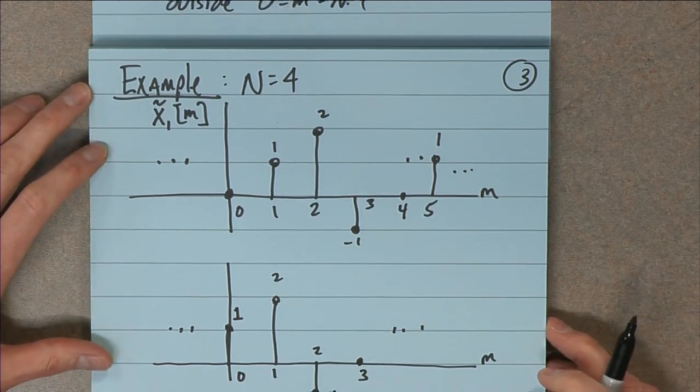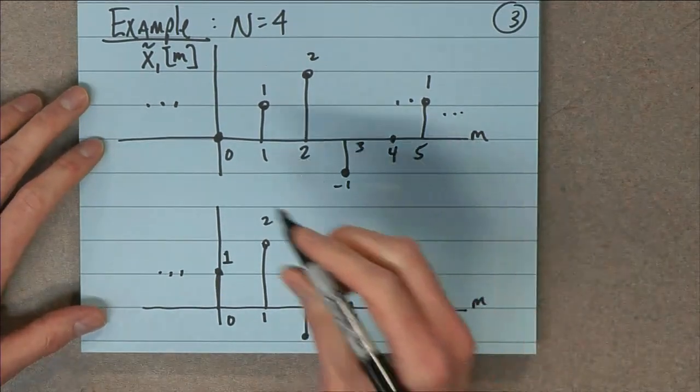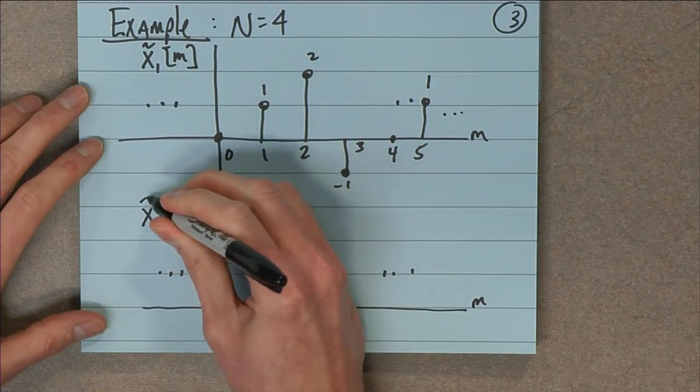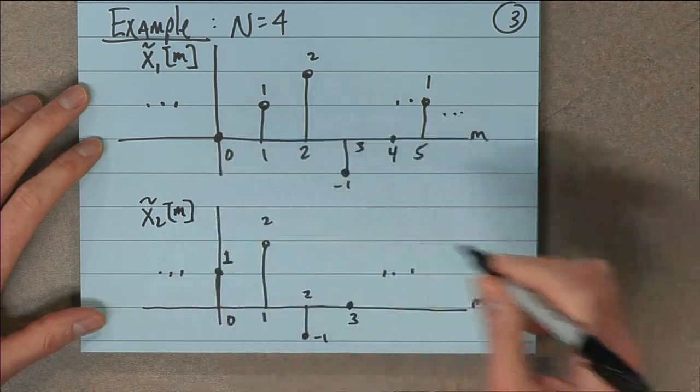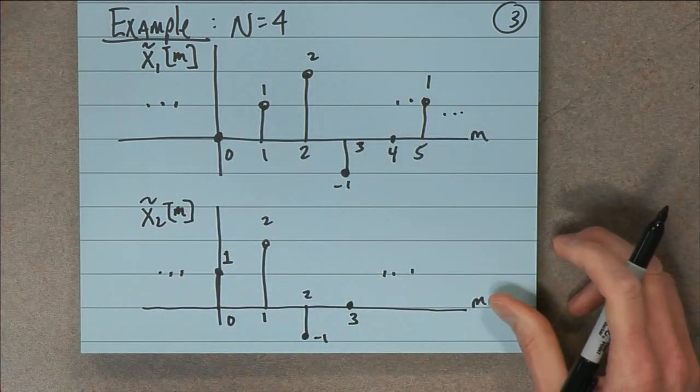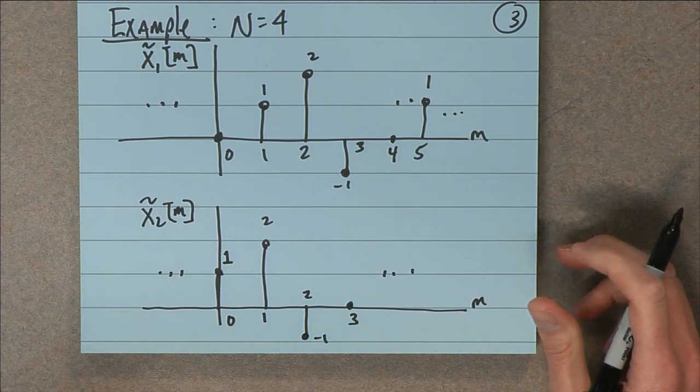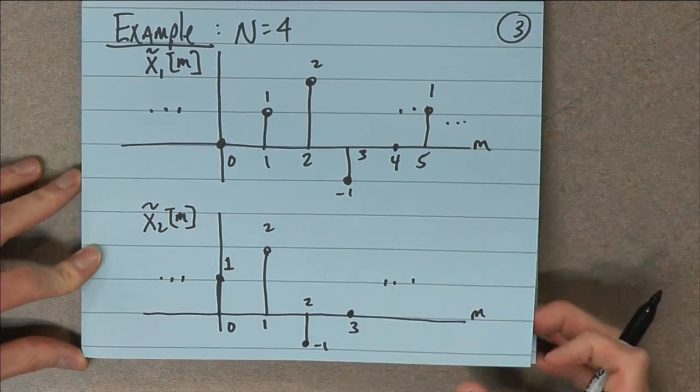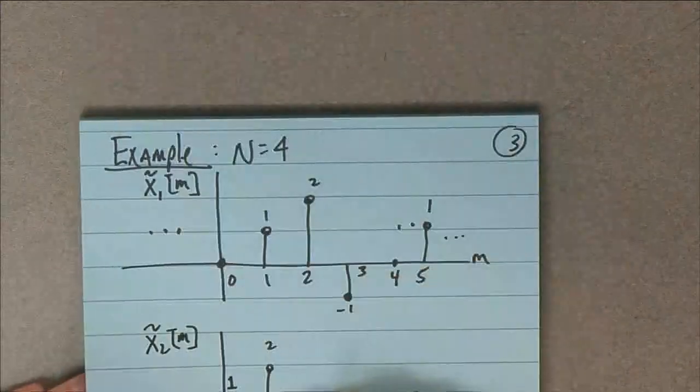All right, so what we're going to do is try to convolve these two sequences together and go through a process that's a little bit lengthy and detailed at first, and then we'll build up some intuition, and then hopefully that'll help you be able to do this as efficiently as you do the regular linear convolution.